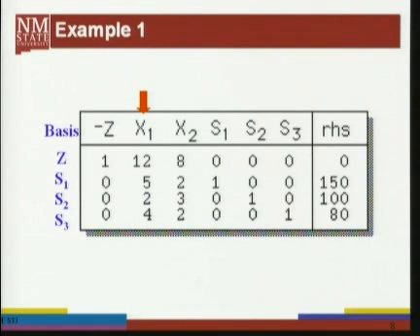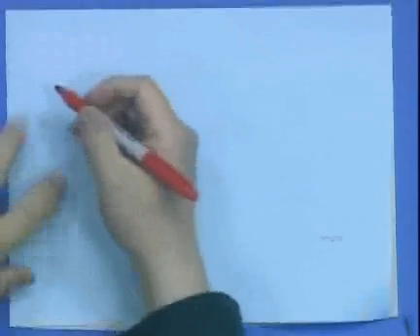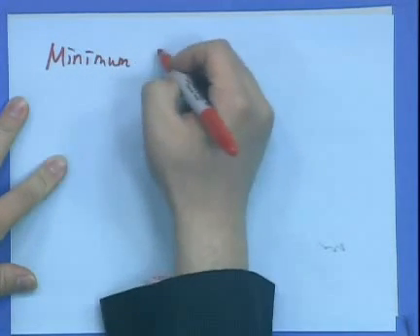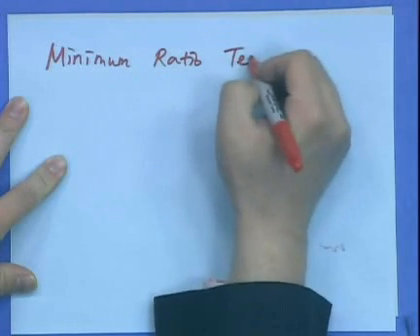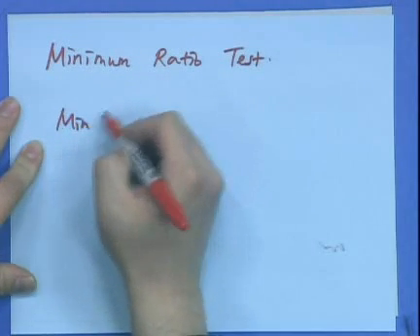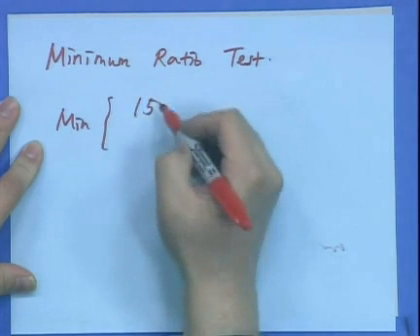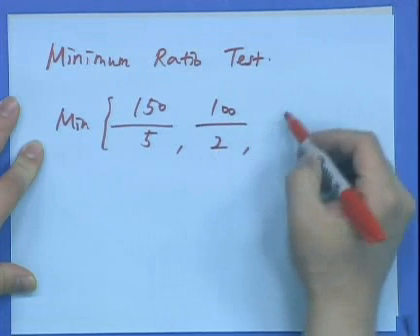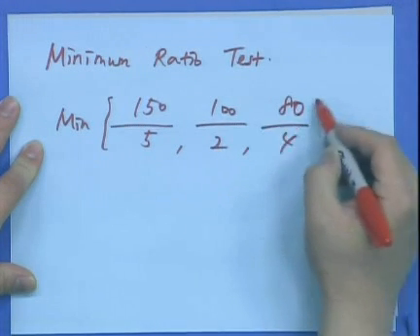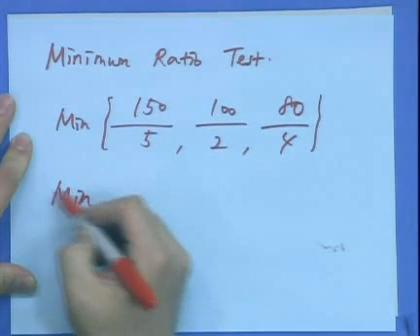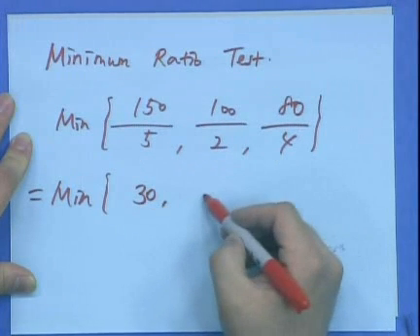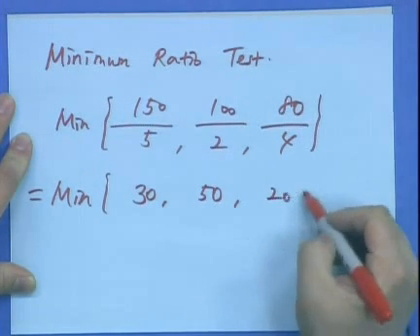And the minimum ratio test in this case would be 150 over 5, 100 over 2, 80 over 4, which is 30 and 50 and 20.